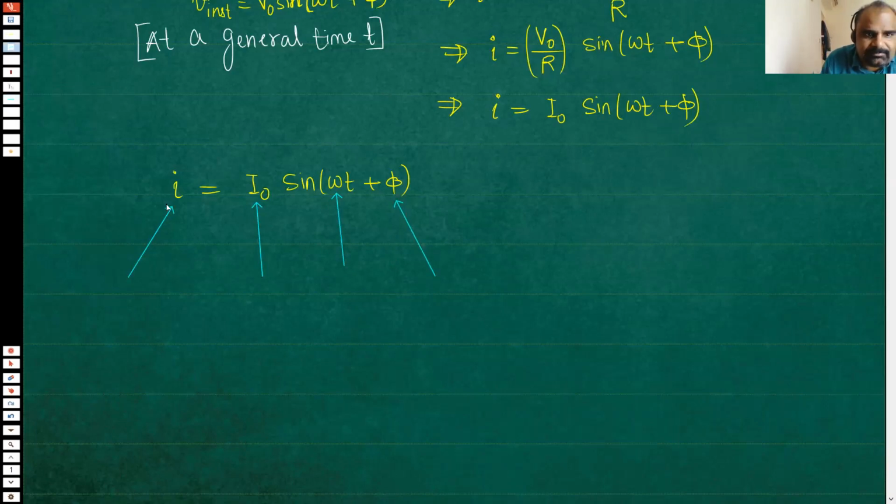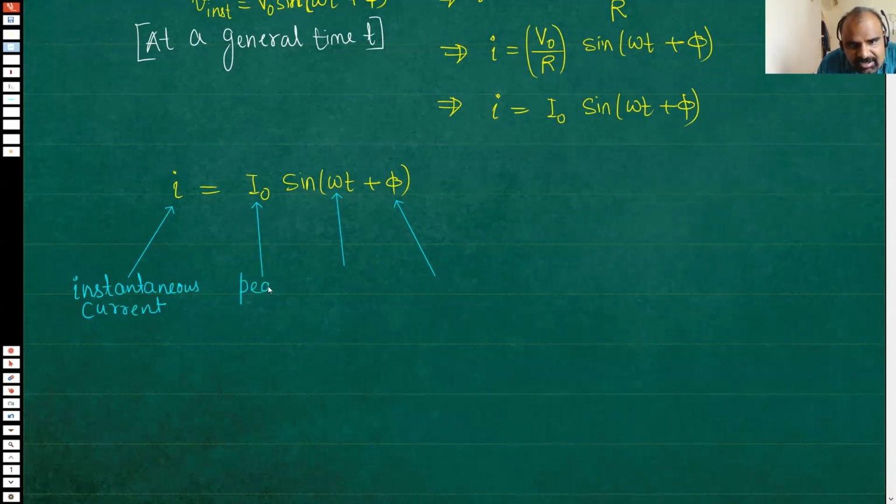This I is instantaneous current. This I naught is called peak current. Can you tell me what this omega is called?